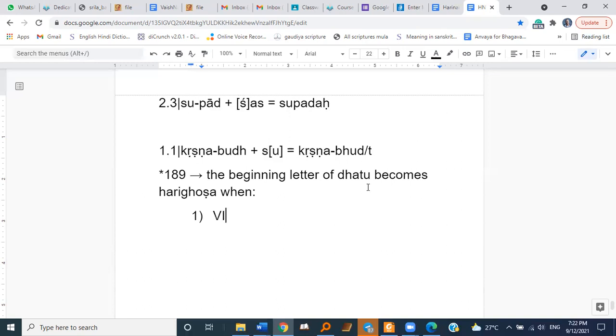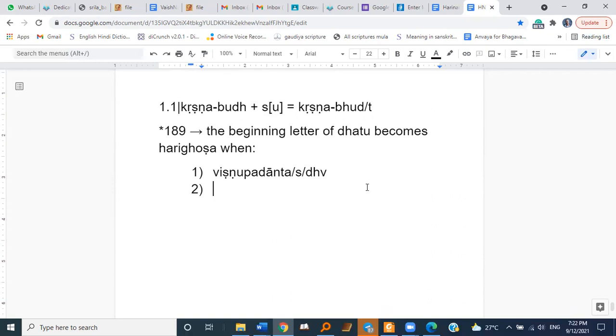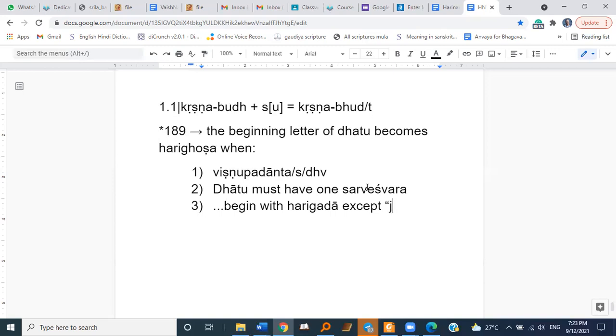First of all, either it is Vishnu Padanta or Sa or Dva following, then dhatu must have one Sarveshvara, then dhatu must begin with Harigada, except for Jarama, and it should end with Harighosha.